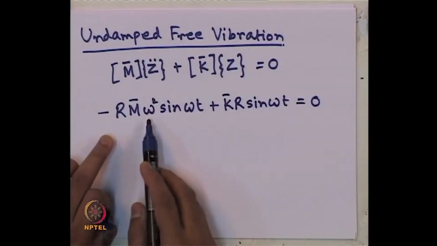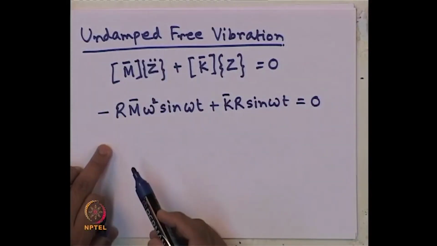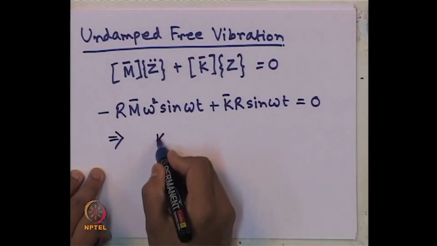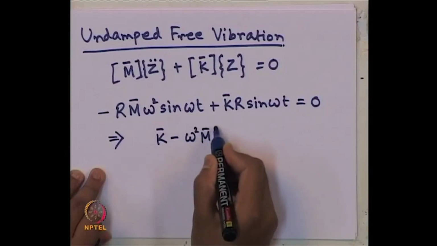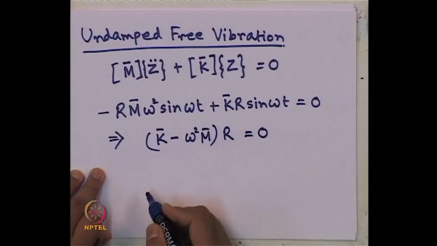So, obviously, z double dot will be minus r omega square sin omega t, right, which gives us k bar minus omega square m bar times r equals 0.